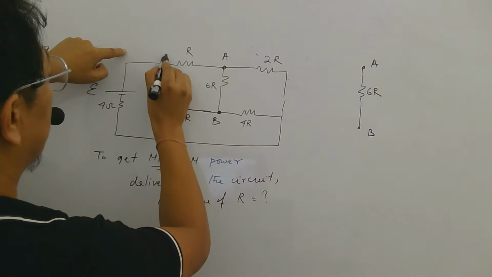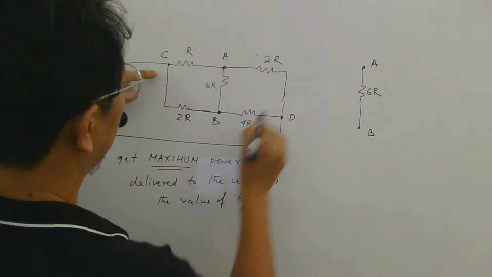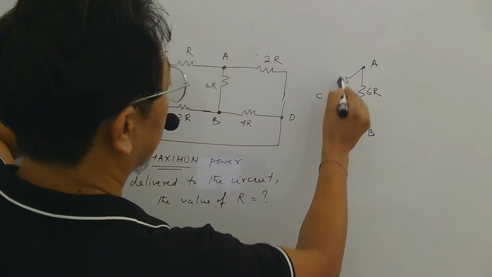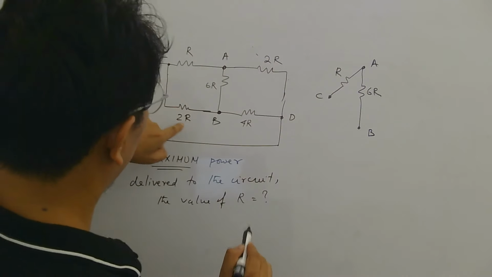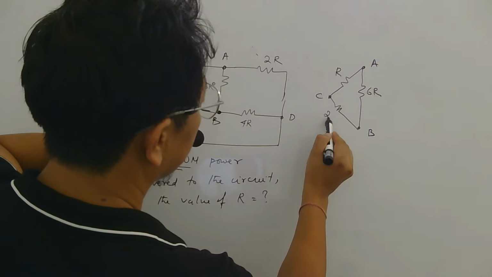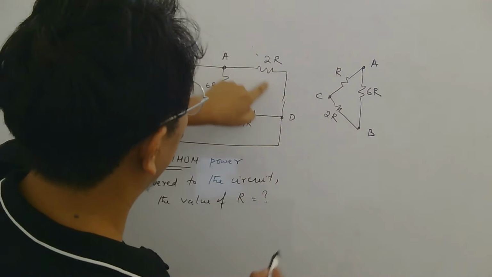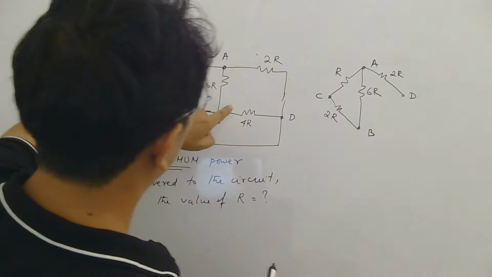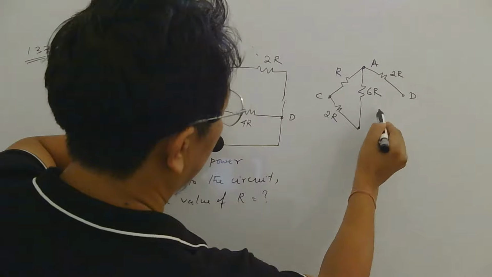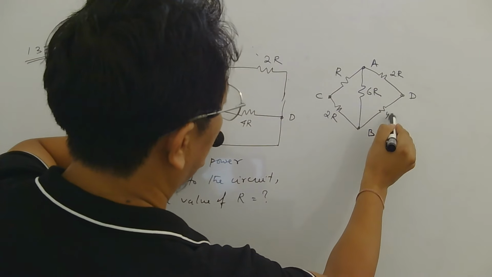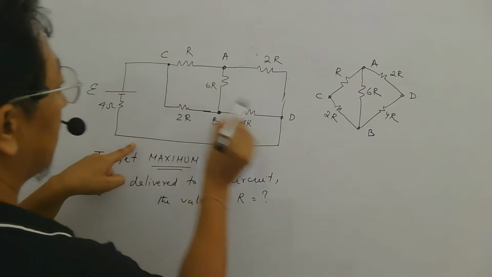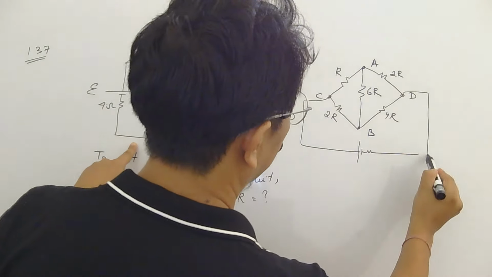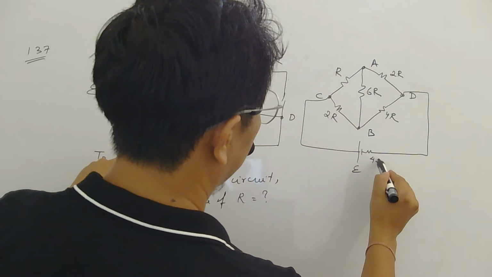And if I call this C and this D, then between A and C we have this R, and between C and B we have 2R, between A and D we have 2R, and between D and B we have 4R, and this battery is between C and D, right? Whose EMF is E and internal resistance is 4 ohm.